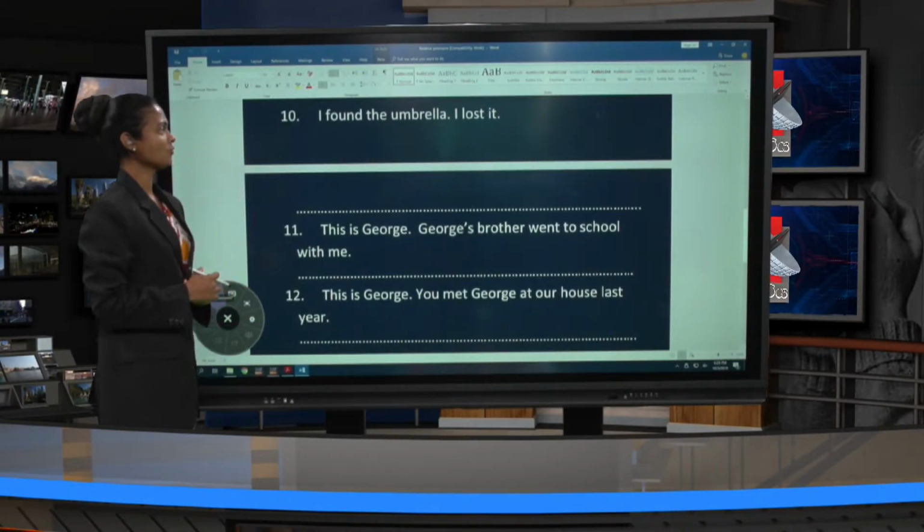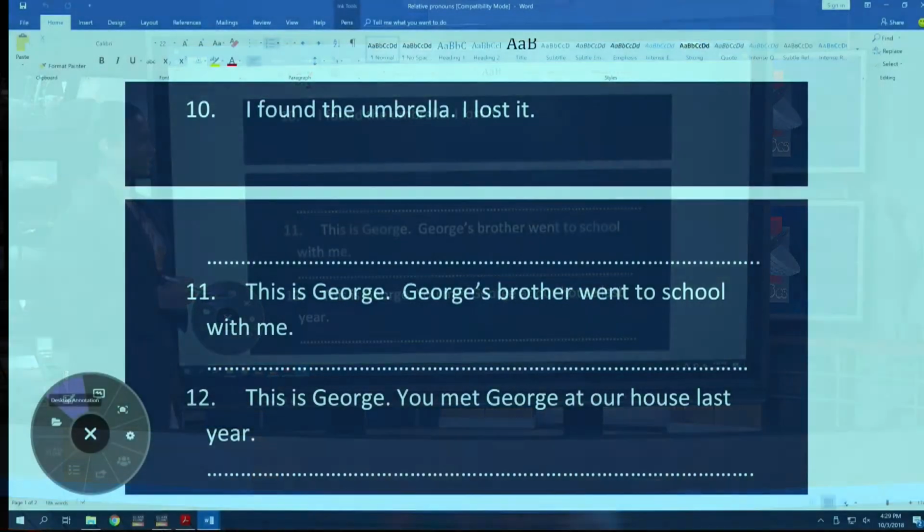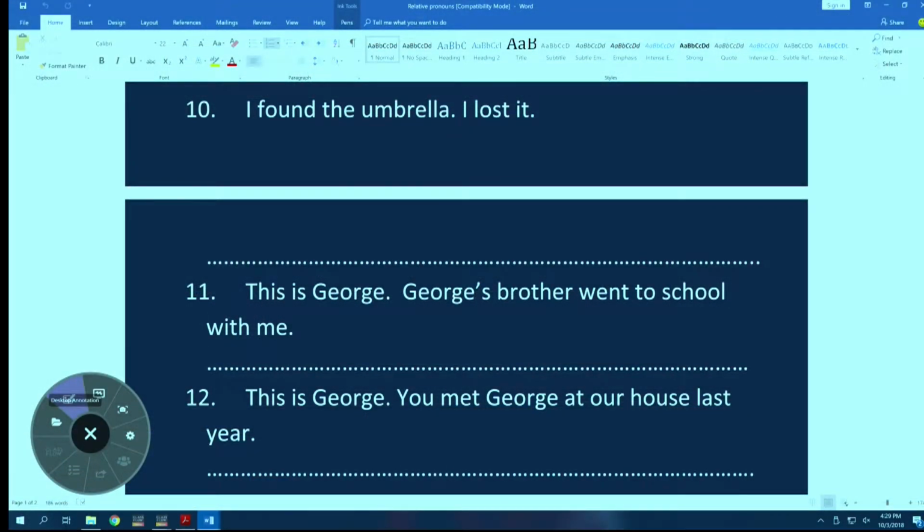See, I found the umbrella, I lost it. Think of this one. I found the umbrella, I lost it. How do we make?